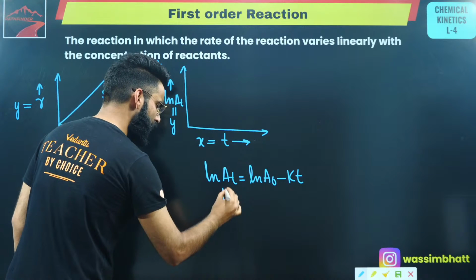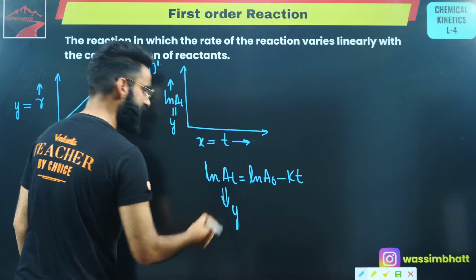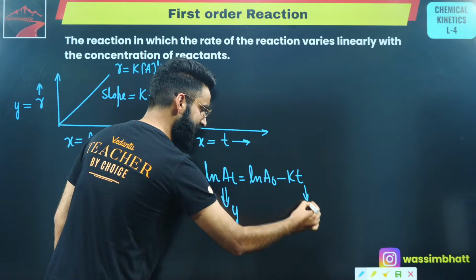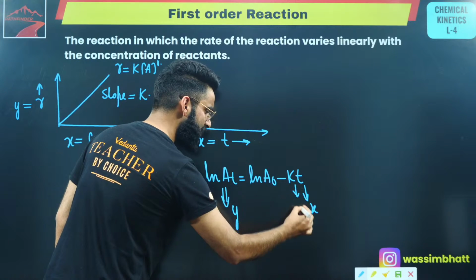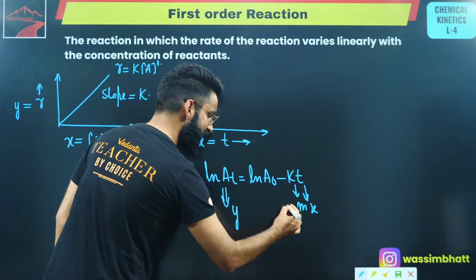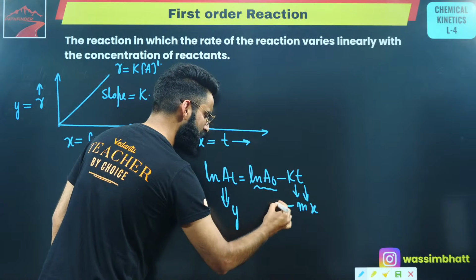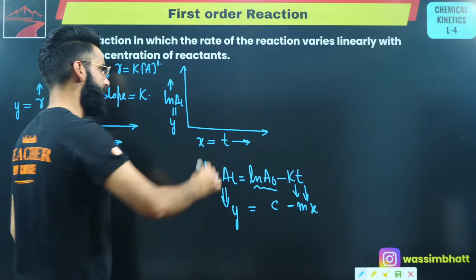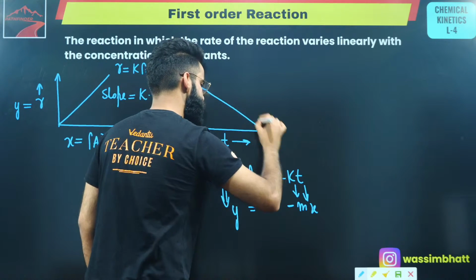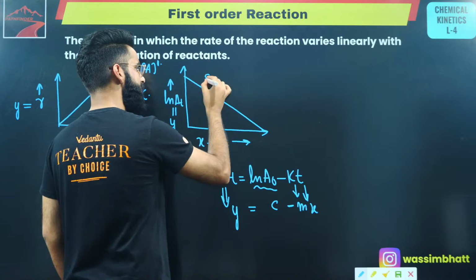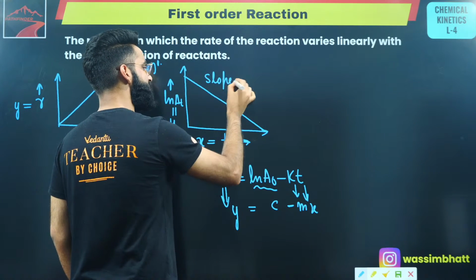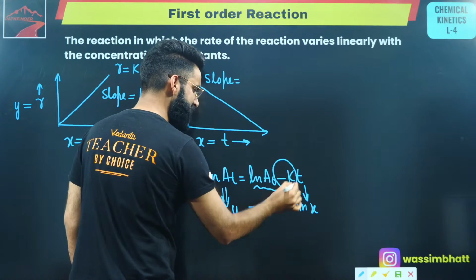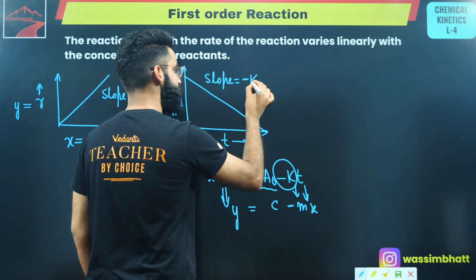So instead of ln of At, I'll be writing y, and instead of t, I'll be writing x. So before x, what comes? m comes. What is the sign right here? Minus. Instead of this whole term, I'll be writing c. So y is equal to minus mx plus c. The curve is going to be a straight line with a positive intercept but a negative slope. So the slope of this curve is equal to minus k.